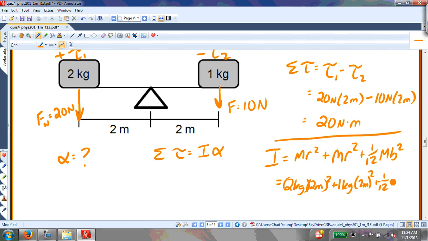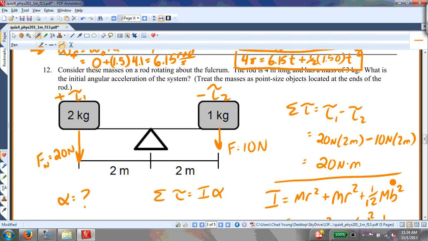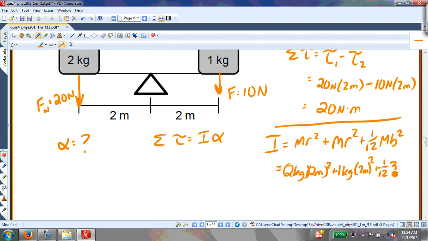the mass of the rod, which was what? 3 kilograms times 4 meters squared. Let's see, that's equal to 8 plus 4. 1/12 of 16, that's 4 over 3, plus 4. That's equal to 16 kilogram meters squared.